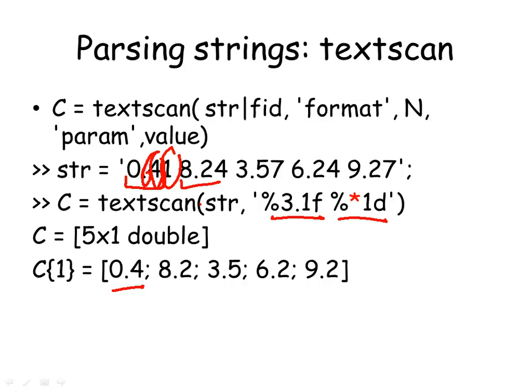And then repeat that. You have 8.2, ignore number 4. 3.5, ignore number 7. 6.2 and 9.2. All right? So you take your format string and then you lay it on top of your original string. You walk through your original string and you try to parse out a floating point number and the single digit. Okay?